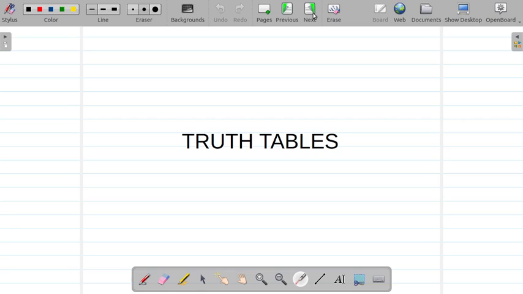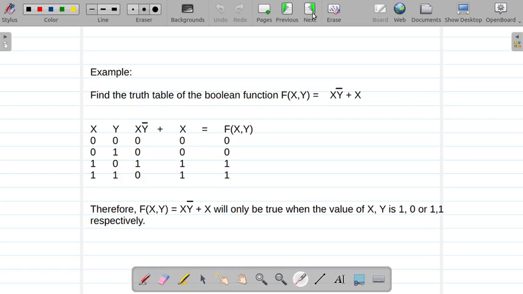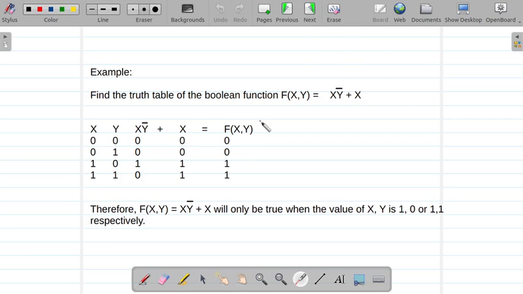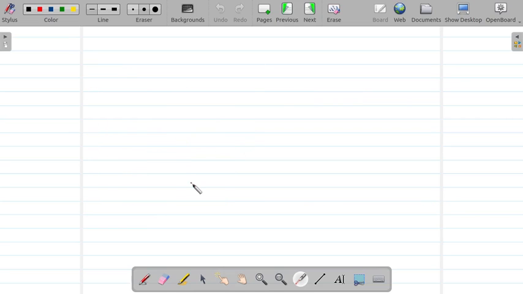Next, truth tables. Let's continue with truth tables.